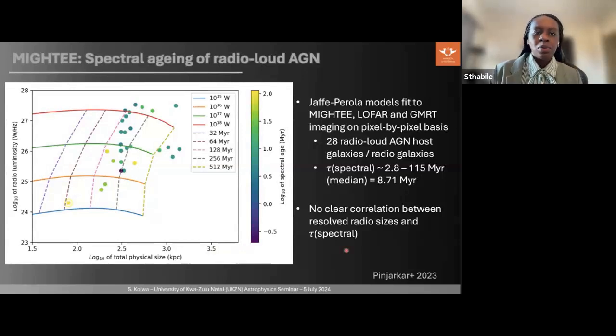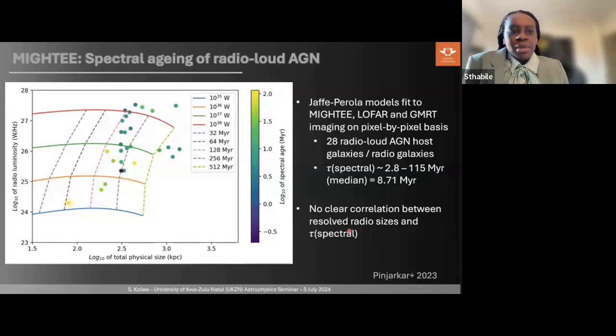That's only sources that were resolved, so that's why there are only a handful in the sample, and managed to constrain the spectral ages to between roughly 3 and 115 megayears, with a median of 9 megayears. Overall, the main result was that there's no clear correlation between resolved radio sizes and spectral ages. So this is something to further investigate.